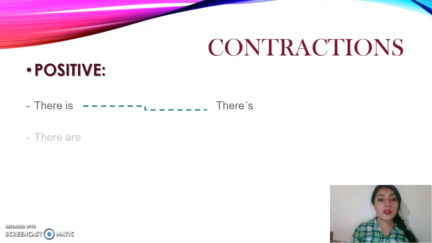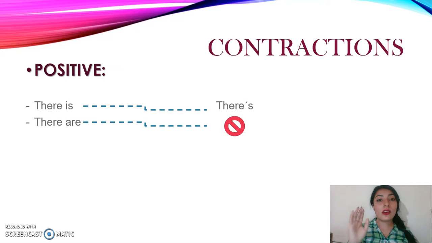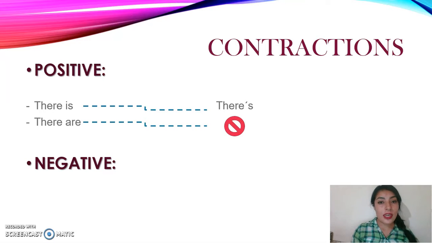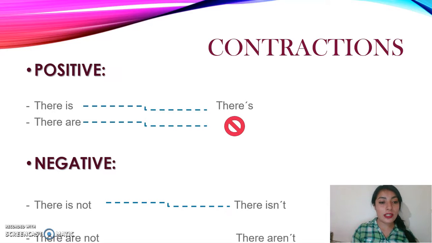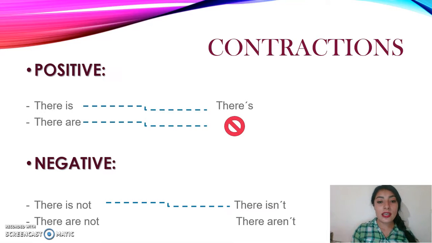But what happens with there are? There are doesn't have a contraction, so you have to remember that there are is only there are. In the negative form, there is not can be contracted as there isn't, and here we can contract there are not as there aren't.